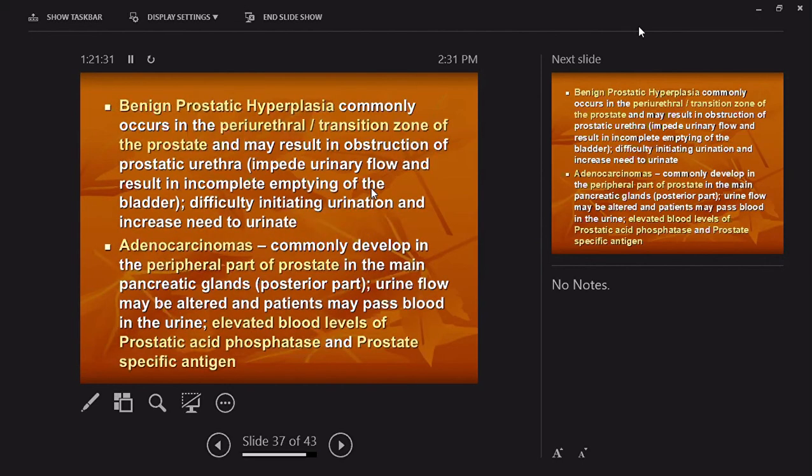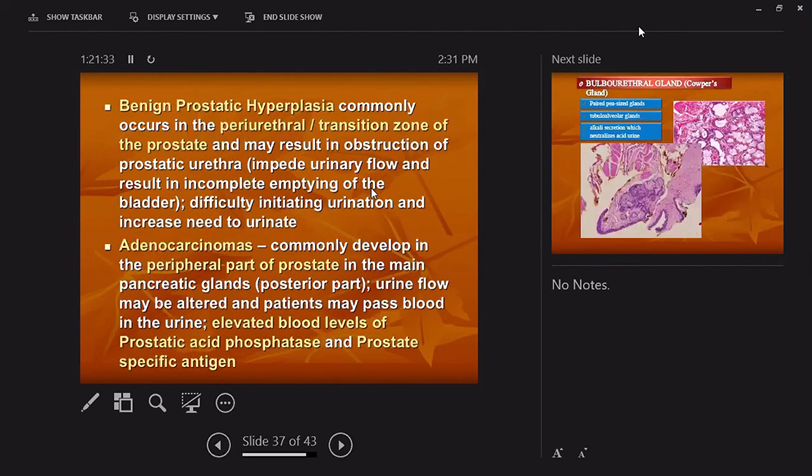So when you make this examination, benign prostatic hyperplasia, or hypertrophy, commonly occurs in the periurethral transition zone of the prostate and may result in obstruction of the prostatic urethra, impeding urinary flow and resulting in incomplete emptying of the bladder.